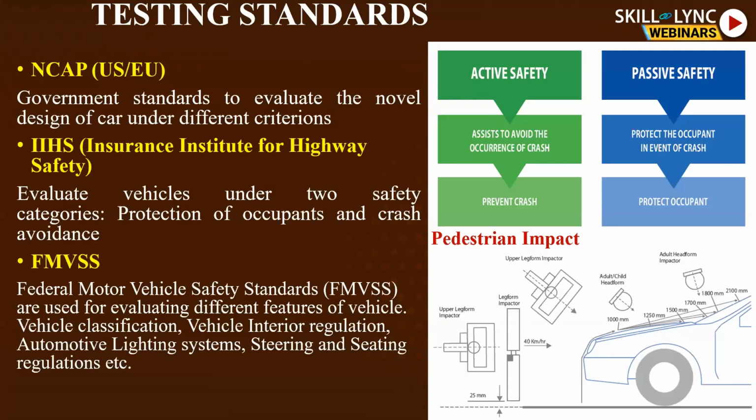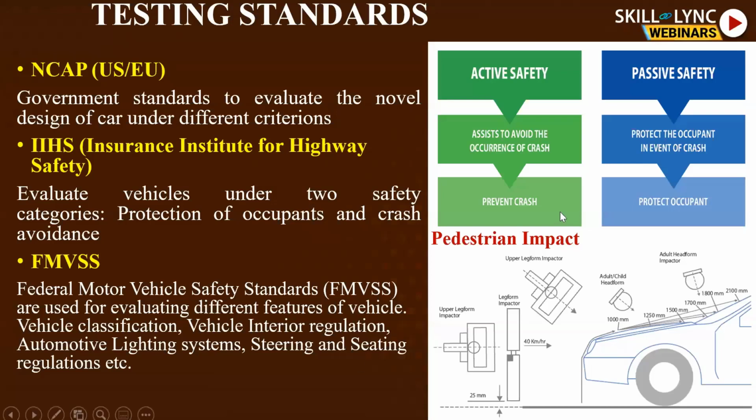All the components that assist in avoiding a crash, meaning they prevent the crash, are considered under active safety. While passive safety is about how you can protect the occupant in the event that a crash has happened. All those features come under passive safety.